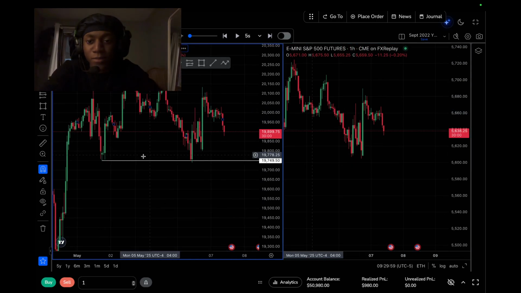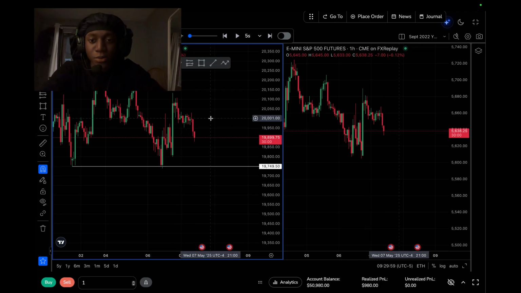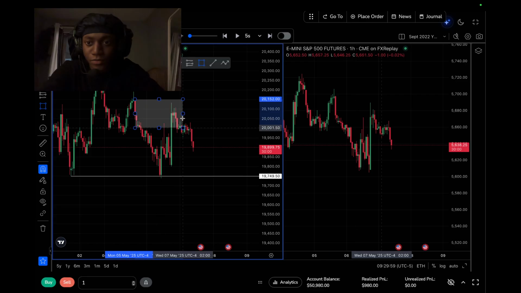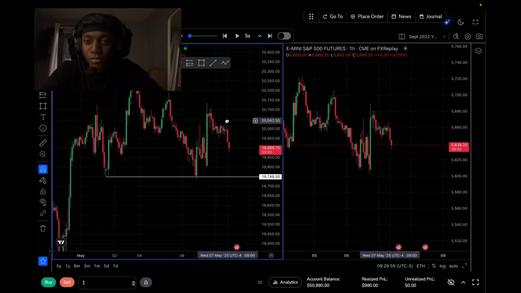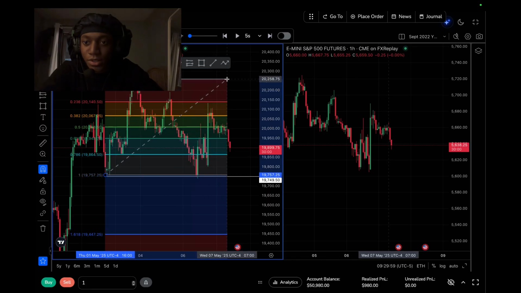So we've put in this manipulation here, the higher time frame. We made this SMT, and from that bullish SMT, we had a super strong bullish candle, which rebalanced into this gap here. And holy shit, wait.